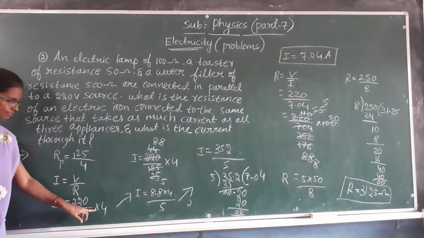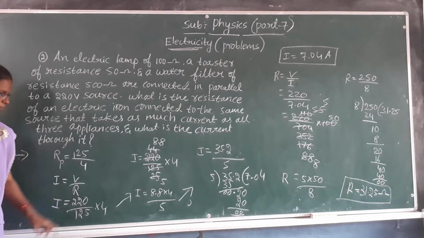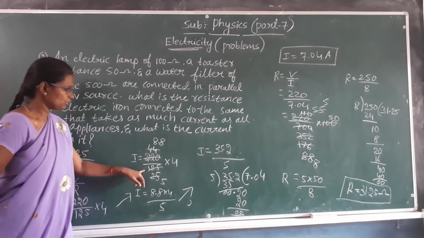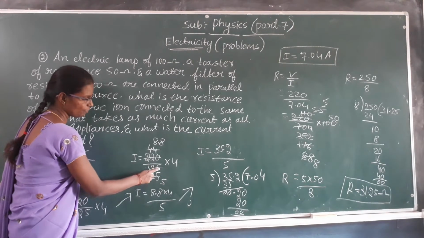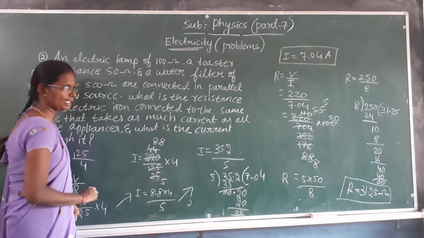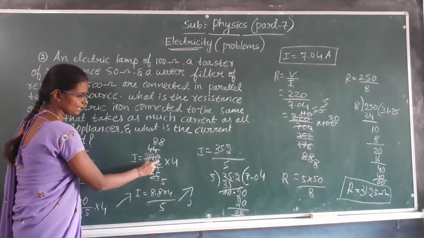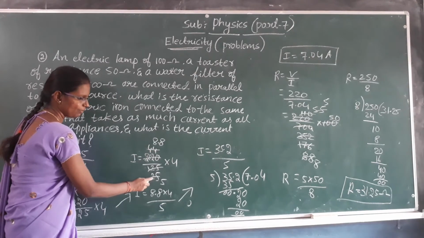So I will take this 4 here. So 220 divided by 125 into 4. Using the 5 table, you have to cancel. 5 2s are 10, 2 remains. 5 5s are 25. 5 4s are 20. So 44 divided by 25 is there.